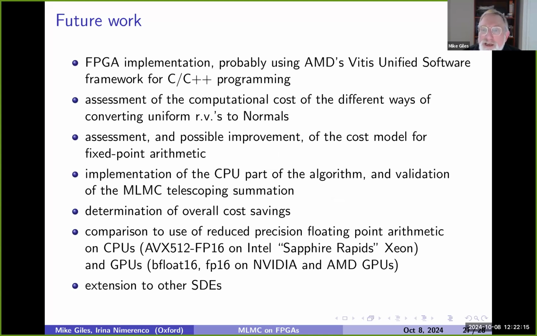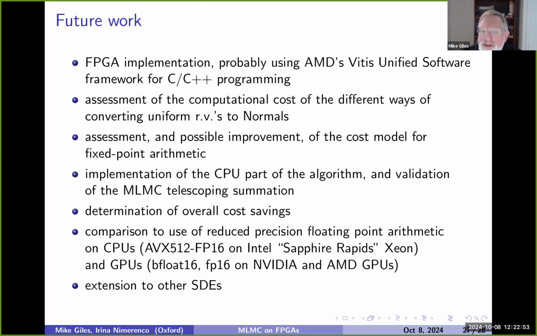Now we need to actually do calculations on FPGAs, and when I say we need to do that, I'm talking to people I've collaborated with in the past who are computer scientists who are now doing work with FPGAs, to see if they or their students, postdocs, will actually carry out the implementation, probably on AMD hardware, using AMD's high-level C++ programming support.